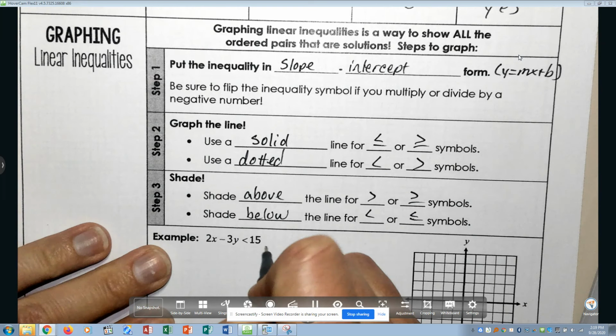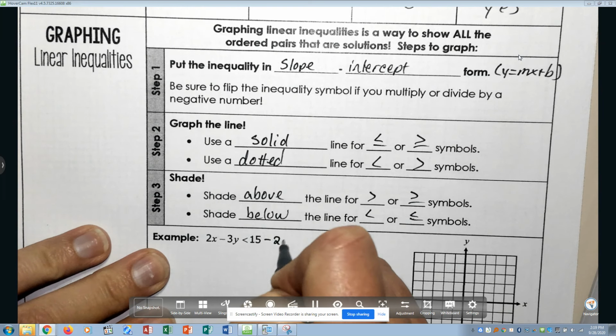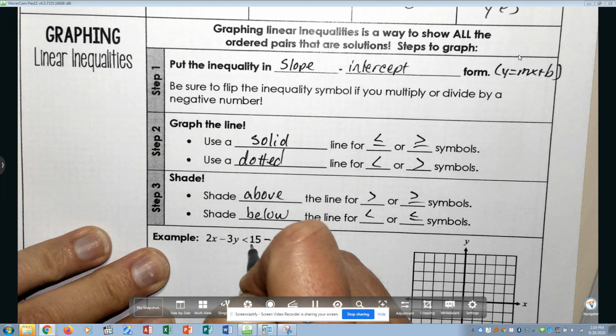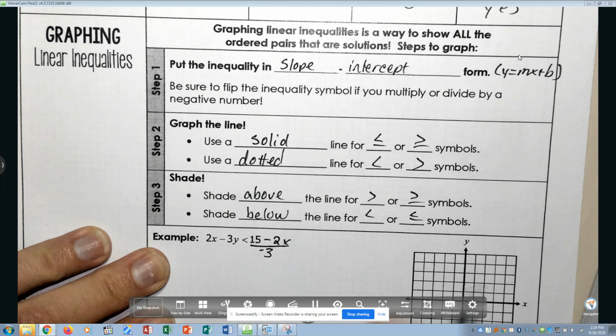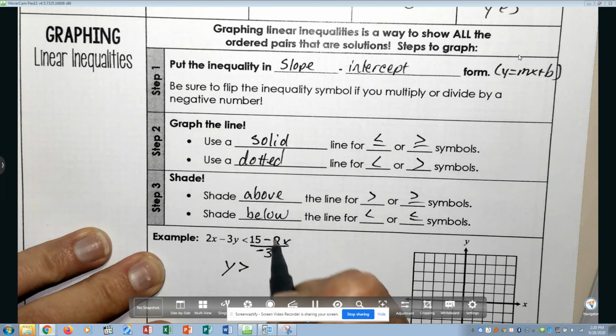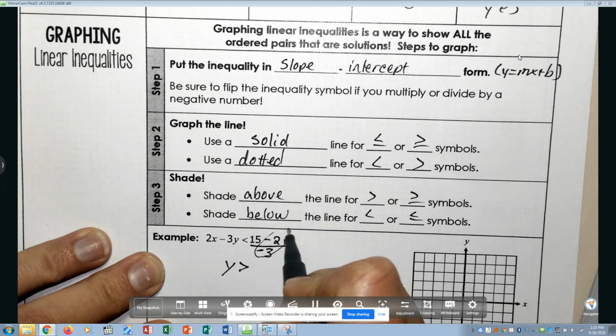So subtract the x term, divide by the coefficient of y. So I just divided by a negative 3. So that means that I flip this symbol. Okay? So then my slope would be a positive 2/3 x, and my y-intercept would be a negative 5. Okay?